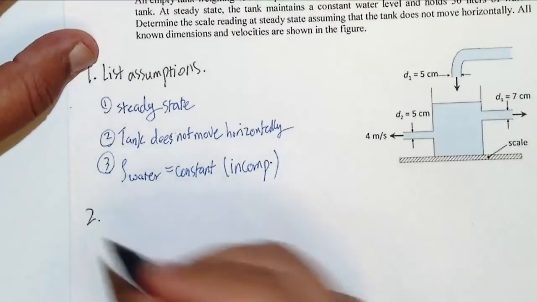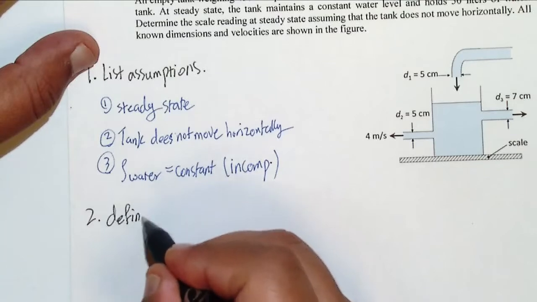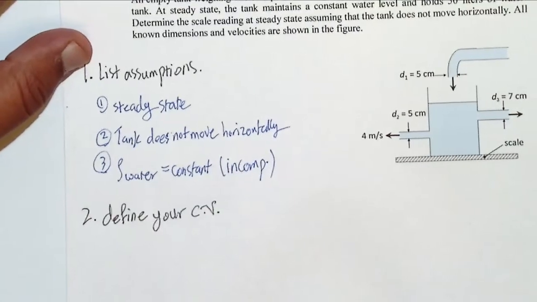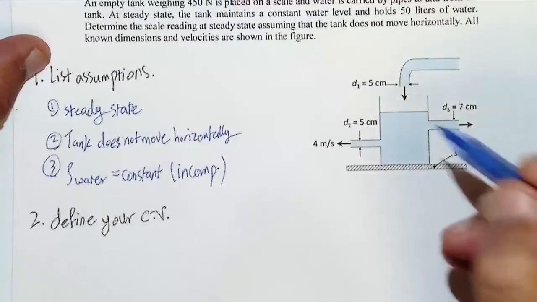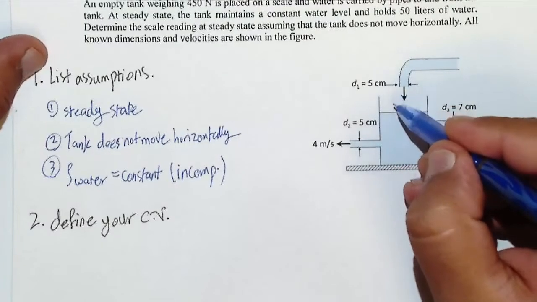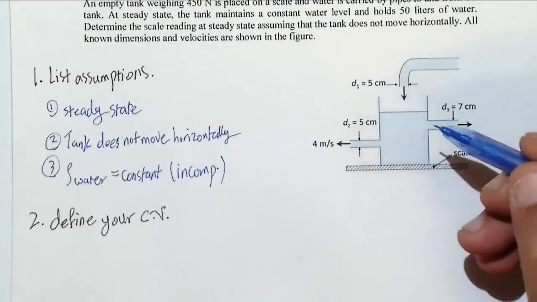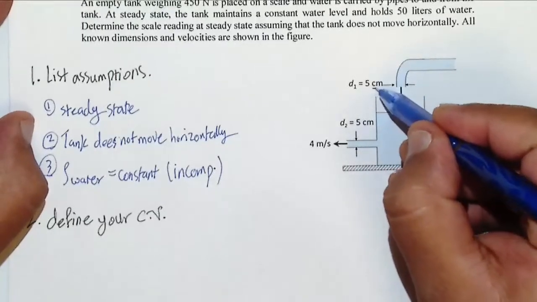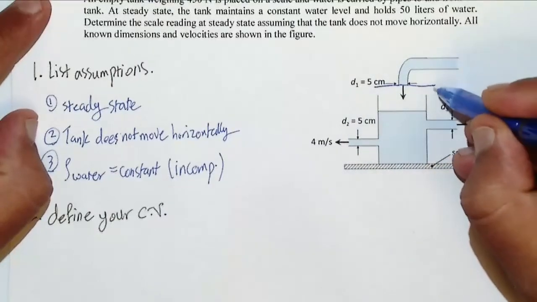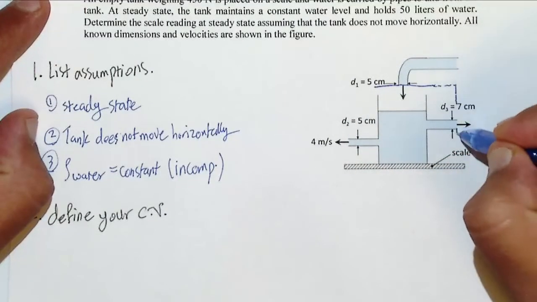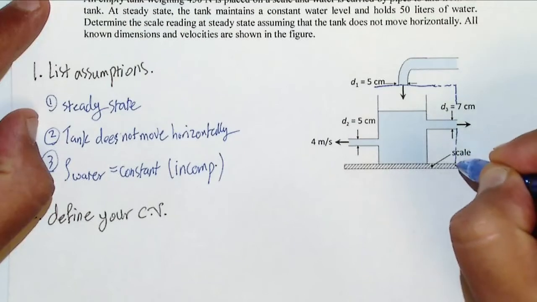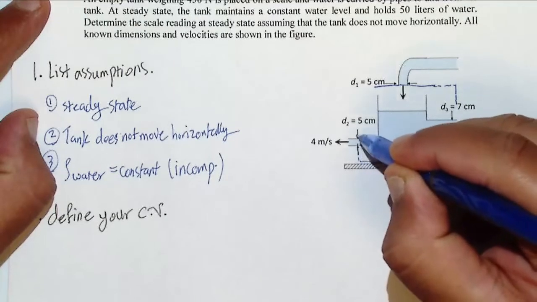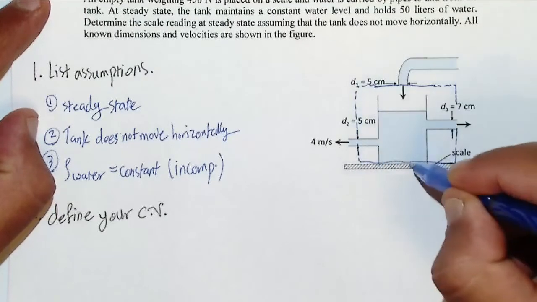The second part is to define your control volume. When you have an input and output, make sure that you are normal to that velocity. So here we have normal to this side, and it also comes down to be normal here, and we also need to put our boundaries here, because we want to take the reaction force here.